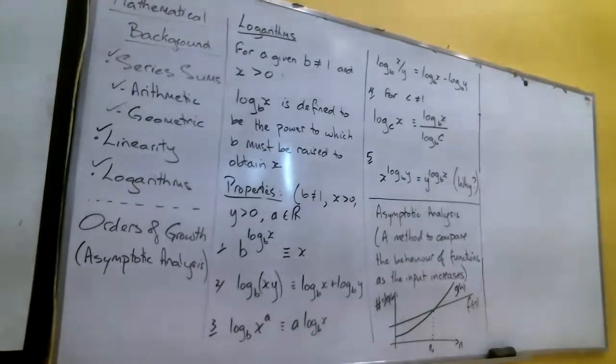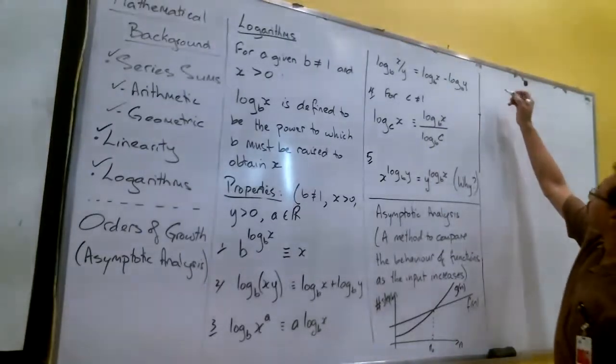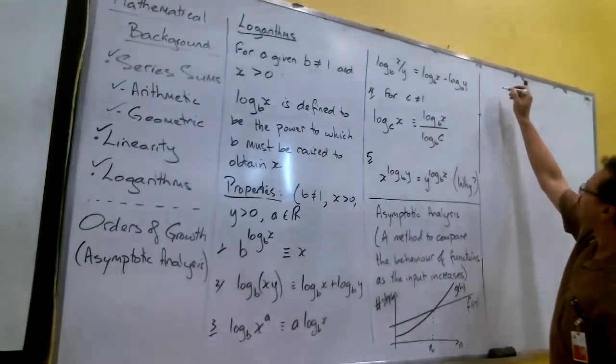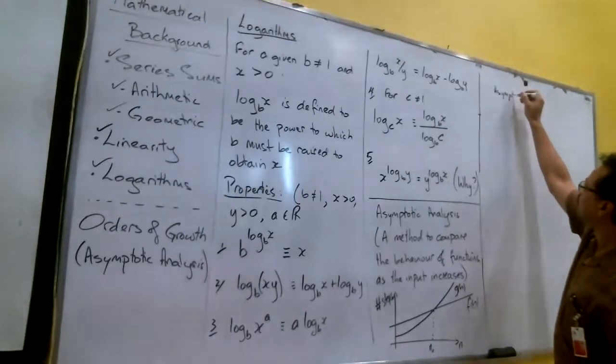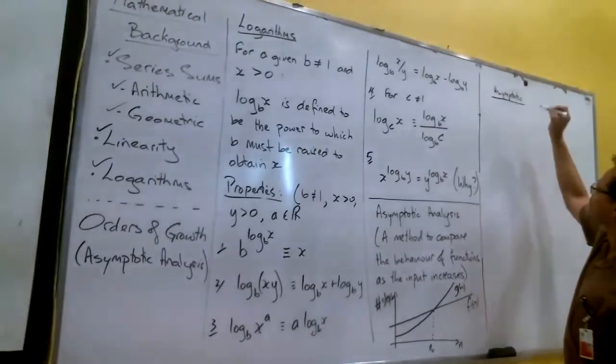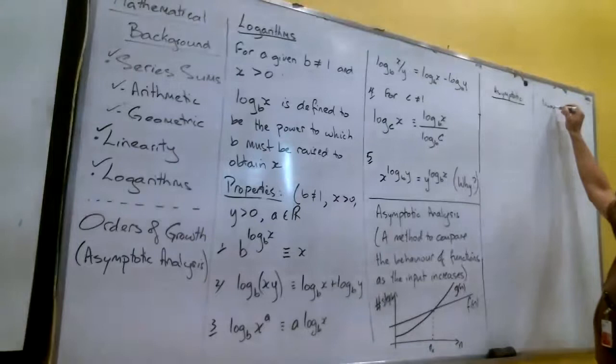And we have three, in fact there are five, but there are three that we're going to worry about. They have rough equivalences to the numerical comparisons. So here's the asymptotic comparison, and here's the numerical analogy.